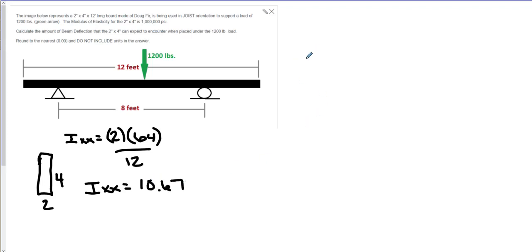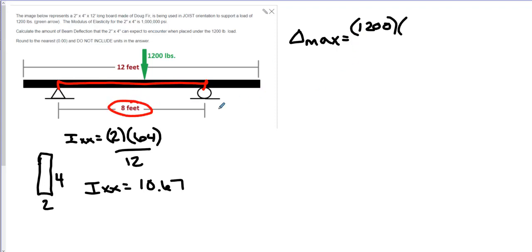Okay, so the beam deflection equation is force times length. Previously I told you that the length you need to use is the length between the supports, and length needs to be in inches. So you needed to convert 8 feet to inches, which is 96 inches.